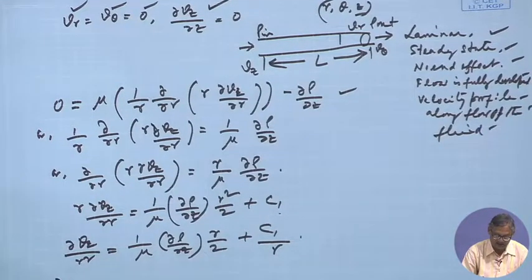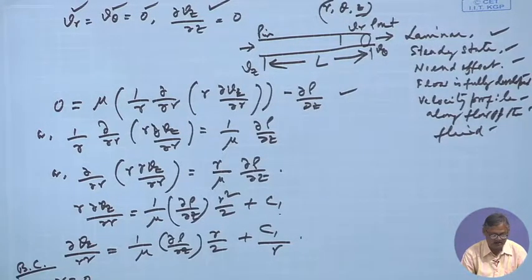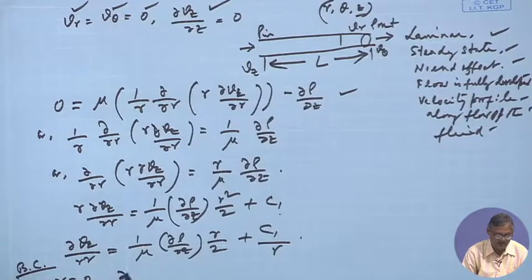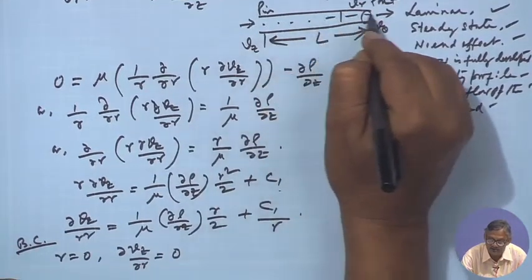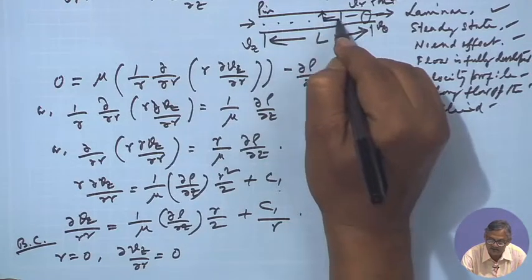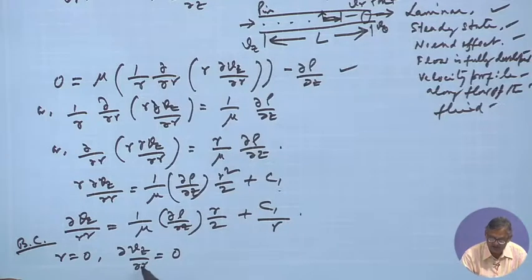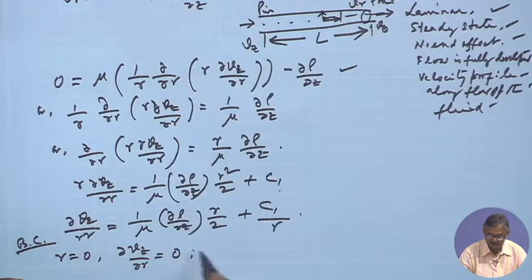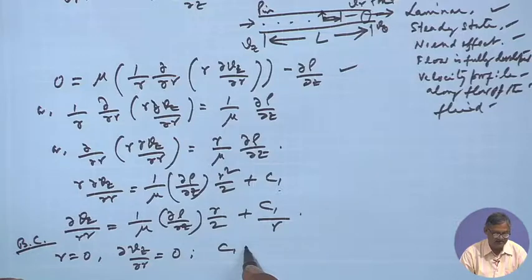Now the boundary condition which we can apply: at r = 0, ∂Vz/∂r is also equal to 0, that is this point. Therefore, C1 is nothing but equal to 0.